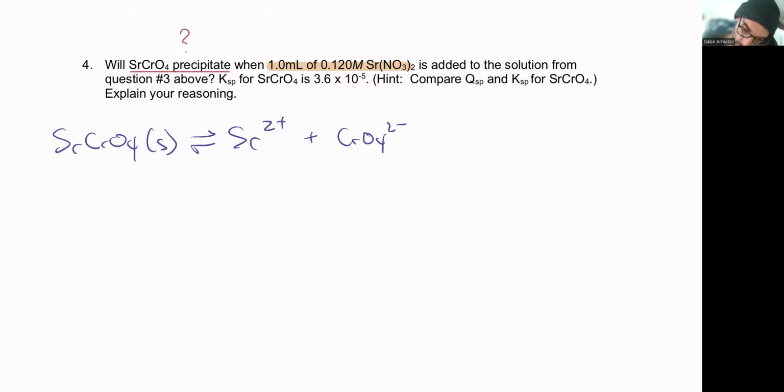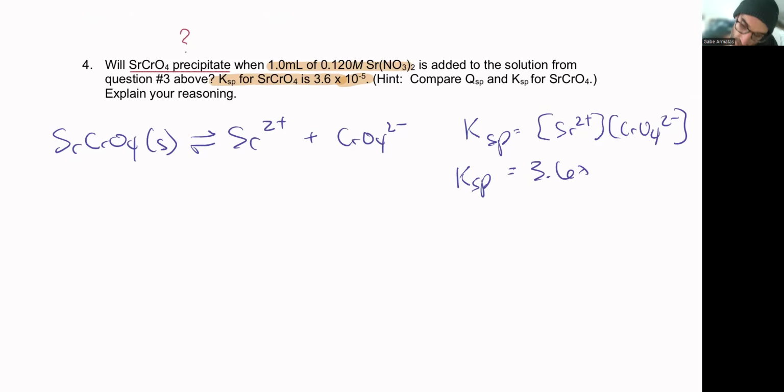And so that is going to provide us with a K. So we need at least these two things, Ksp, which is equal to the concentration of Sr2 plus times the chromate ion. And we're given a value of Ksp, which is important right there. The Ksp is 3.6 times 10 to the minus 5.